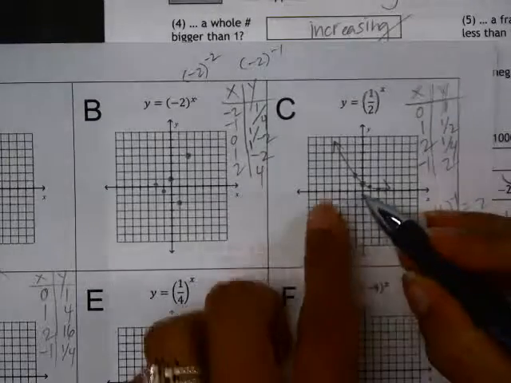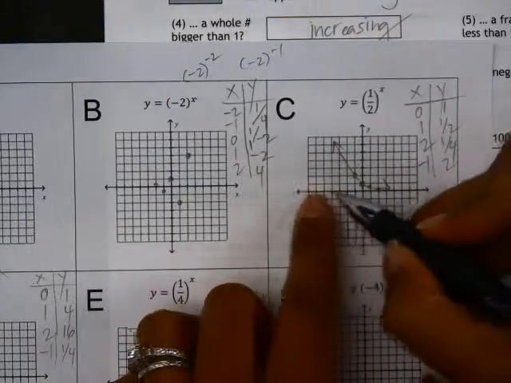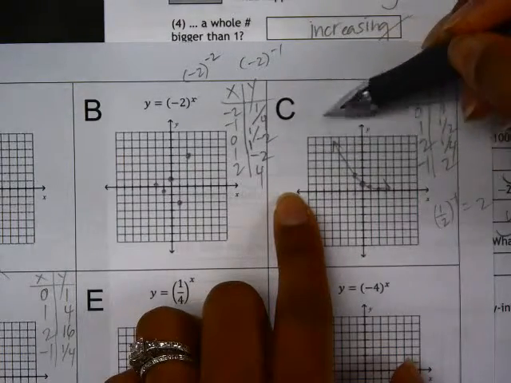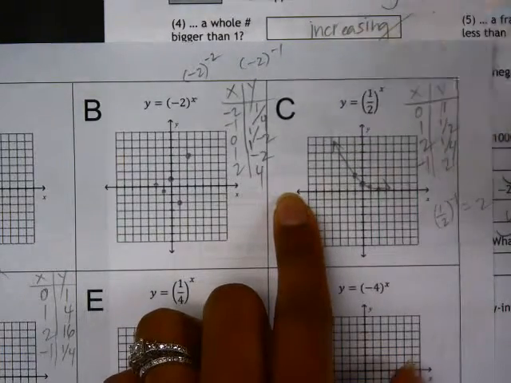And also graphically looking at this, if we have x values that are very negative on graph C, so as you go further and further left on the x-axis, the y value of the graph is getting larger and larger and larger.